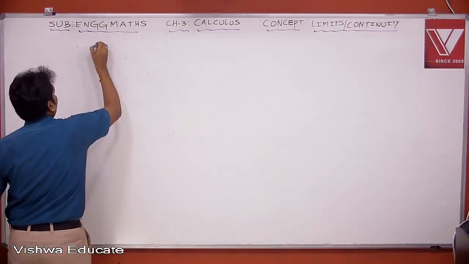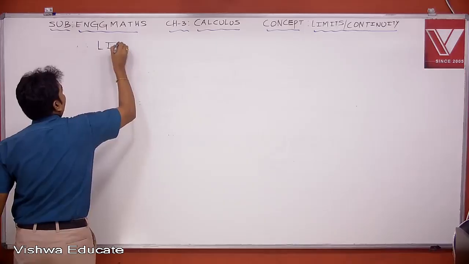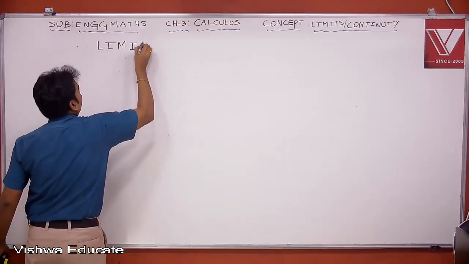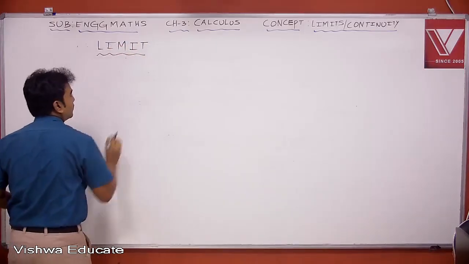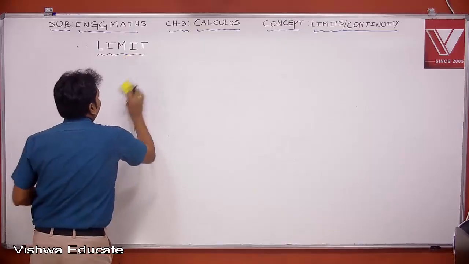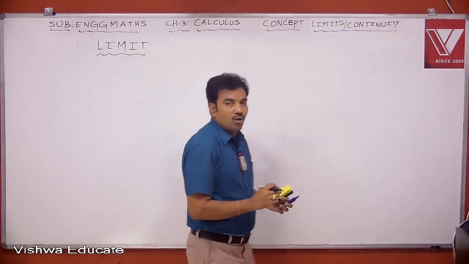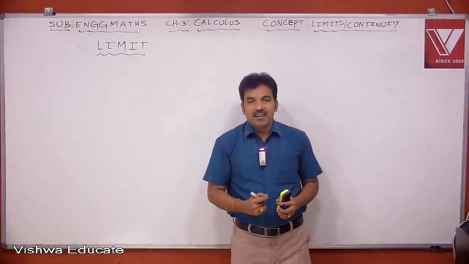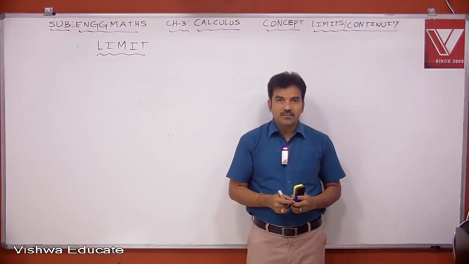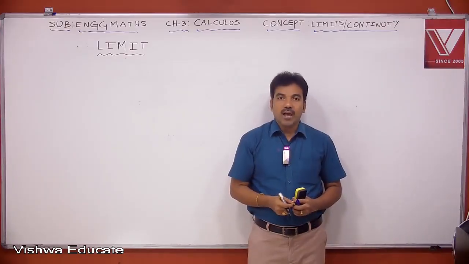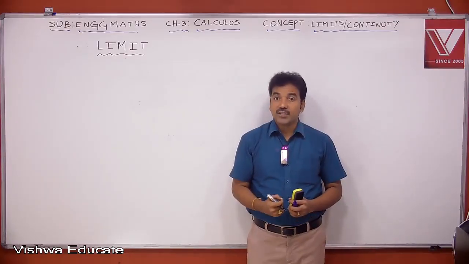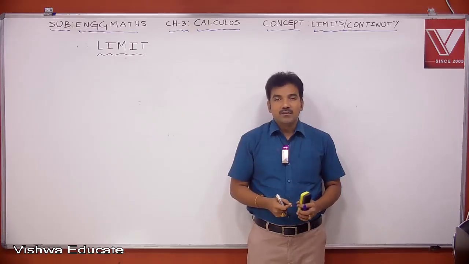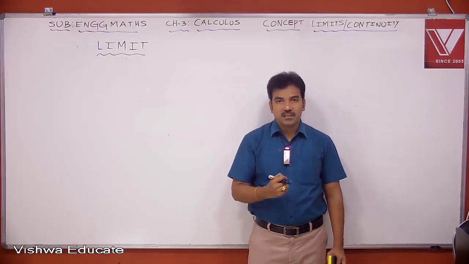Now let us discuss the concept of limit. Before discussing the concept of limits, let us discuss one important point. Generally, when we want to calculate limits, for example, limit x tends to 2 of x square, generally people will replace x by that number 2.